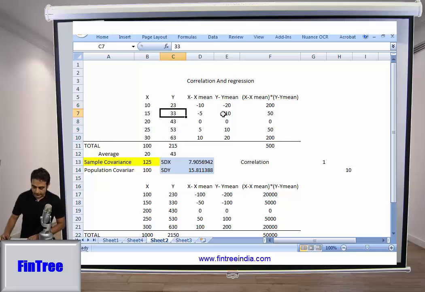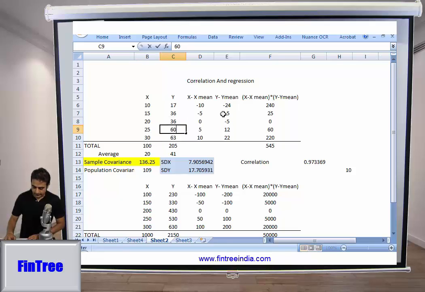Let me scatter this data now. Instead of 23, I'm going to make this 17. Instead of 33, I'm going to make this 36. So I'm creating some error values here. Then let's make this 35 or 36.